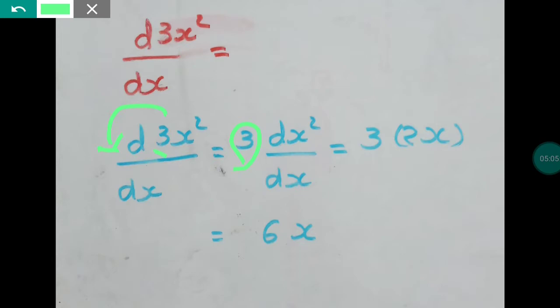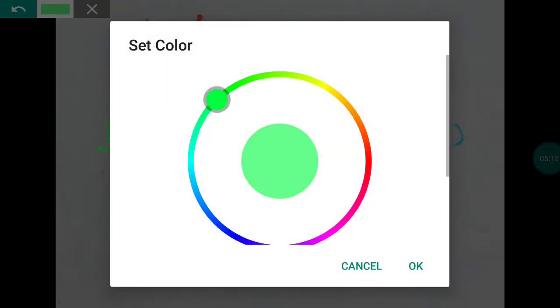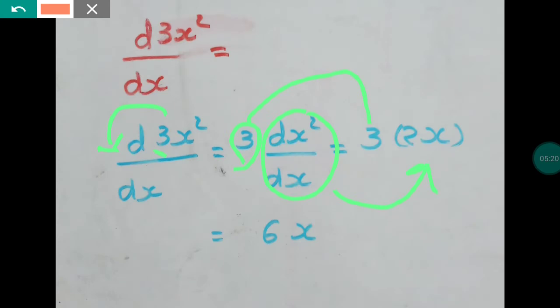You know how to solve it. This d/dx of x square is 2x. Now we multiply this 3 and 2, and what does it give? It gives 6. So the solution for this is 6x. Are you getting it? If you don't get it, watch the video again.